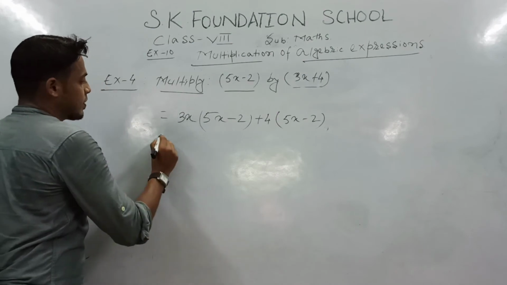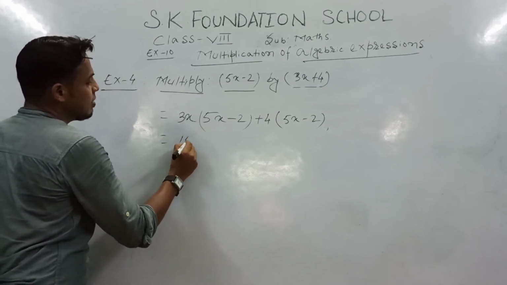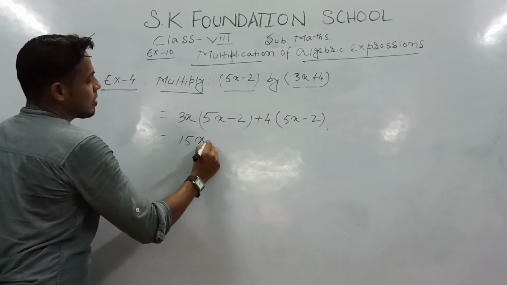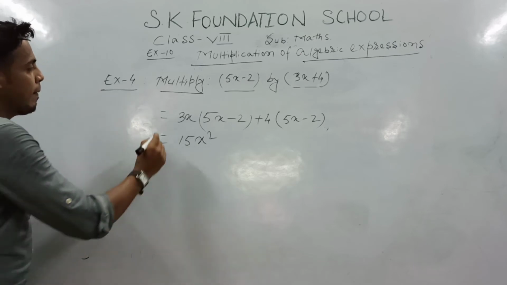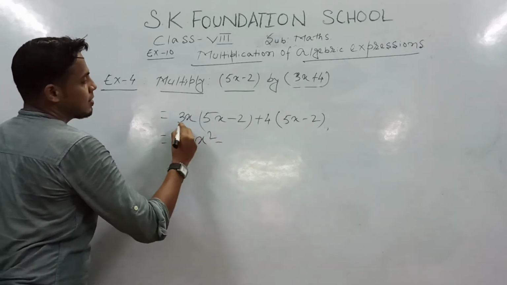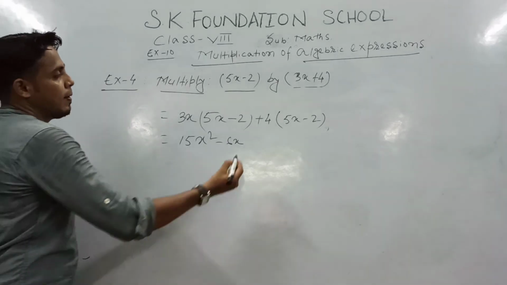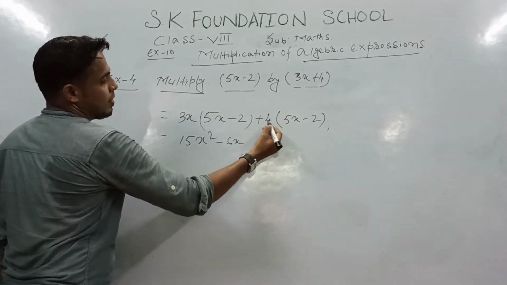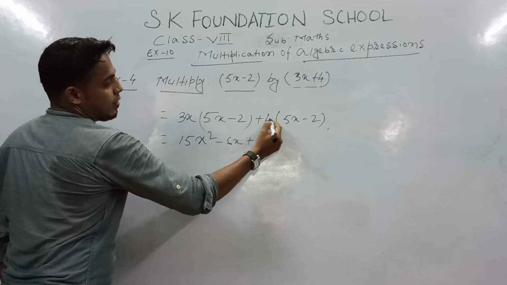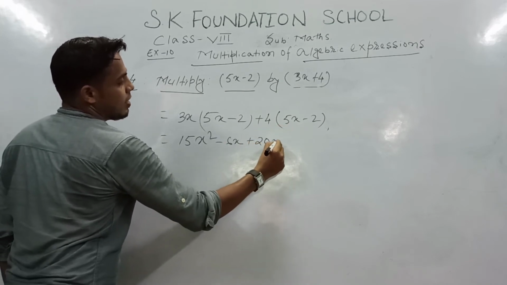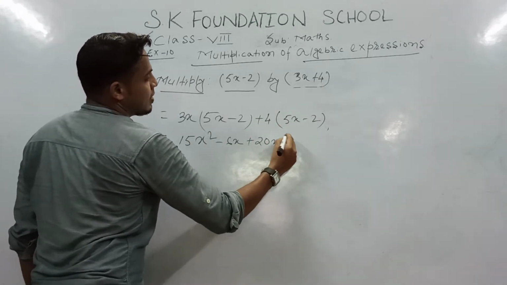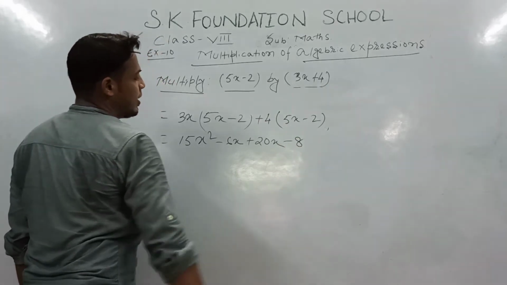Okay? So 5 3s are 15, x into x is x square, plus minus minus, 3 2s are 6x. Okay? Plus is also plus, plus plus plus, 4 5s are 20, x, plus minus minus, 4 2s are 8.